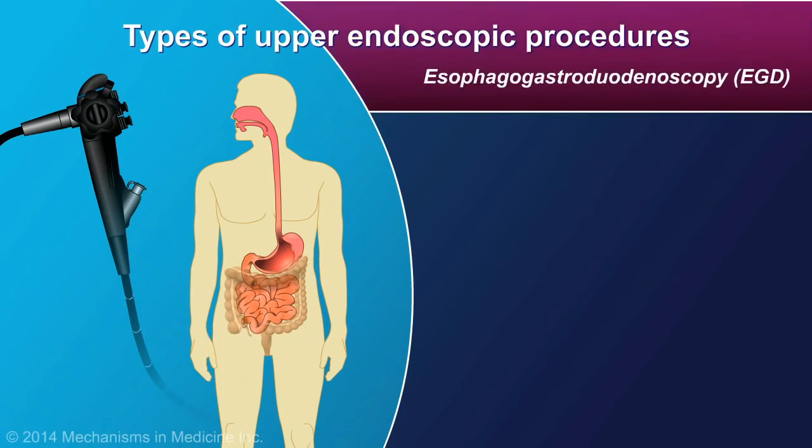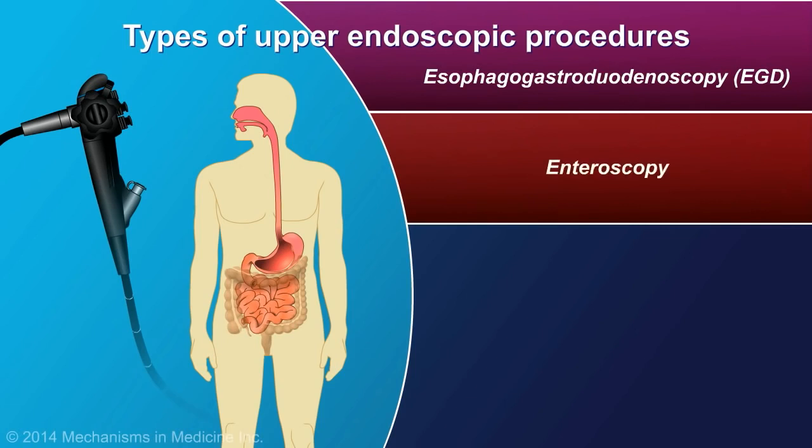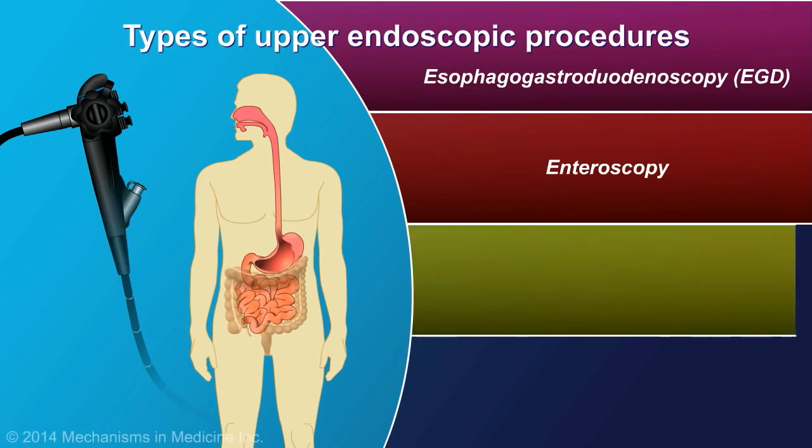Esophagogastroduodenoscopy, or EGD, is used to examine the lining of the esophagus, stomach, and duodenum. Enteroscopy is used to examine deeper into the small bowel and is useful when other imaging techniques have shown an abnormal finding that can't be reached using EGD or colonoscopy.